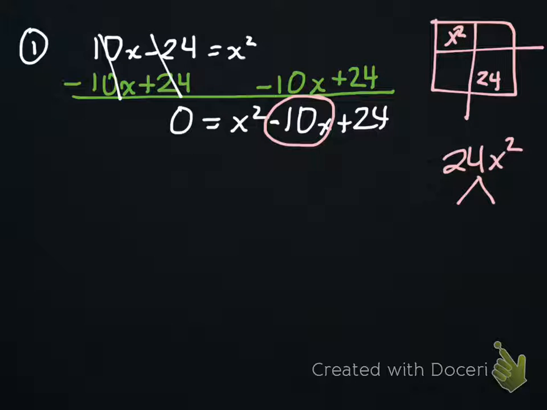What two things will multiply to give me 24x squared that when I combine them with addition are going to give me negative 10x? 6 and what? 6 and 4. 6x and 4x would give me a positive 10x, so make them both negative. And that would give me the negative 10x. So we have negative 6x and a negative 4x.